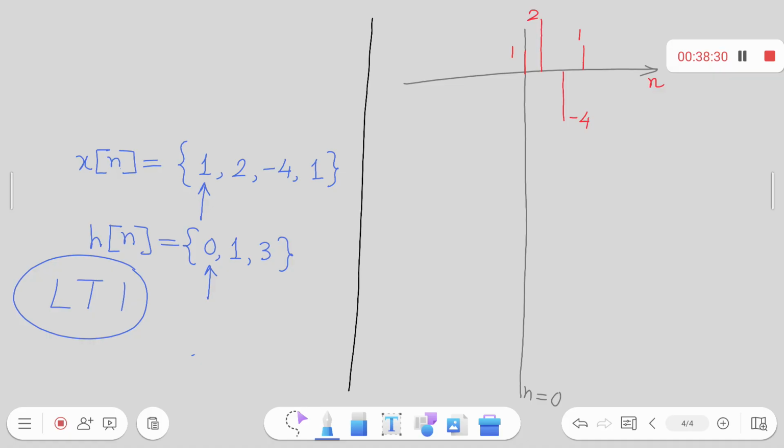Okay? What about h of n? You know, 0, 1, 3. So this is basically x of n. And then you have h of n, 0, 1, 3.